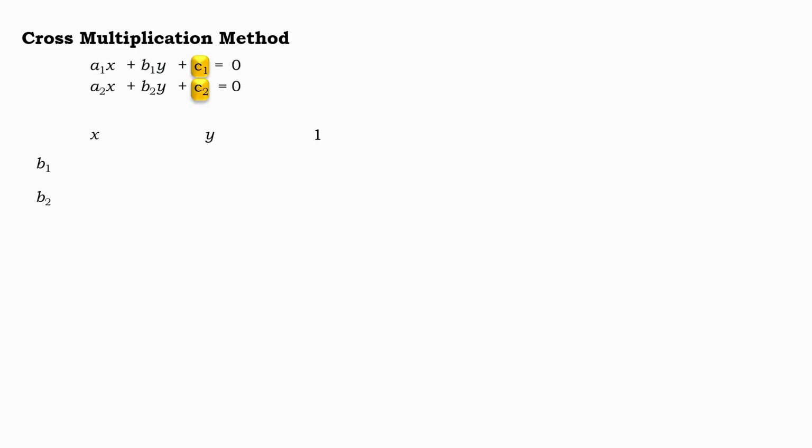For x, we take the coefficients of y and the constants and cross-multiply them. For y, we take the constants and the coefficients of x and cross-multiply them. And for 1, we take the coefficients of x and y and cross-multiply them.